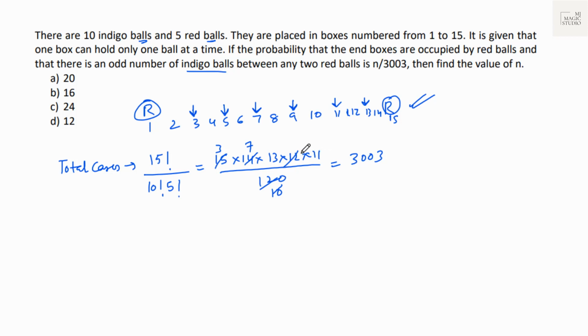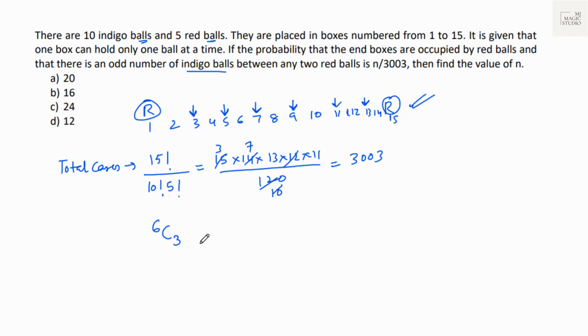So in how many ways can you do this where we have identical objects? It is simply 6C3. Out of 6 places, identify the 3 places and just go there and put the balls. And the remaining 10 places would be occupied by the 10 indigo balls. In how many ways? Factorial 10 by factorial 10. That is only one way. Why one way?